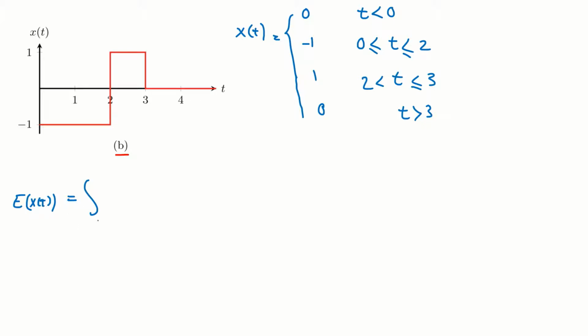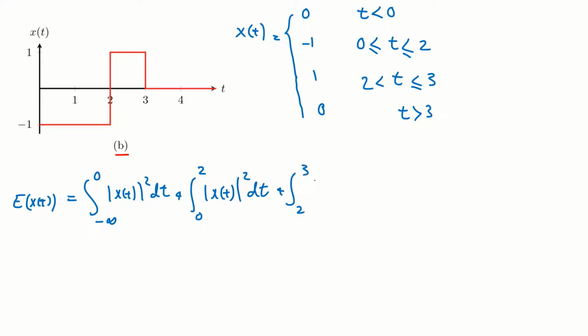That's from minus infinity to 0 of xt squared dt plus integration from 0 to 2 of xt squared dt, integration from 2 to 3, plus integration from 3 to infinity.